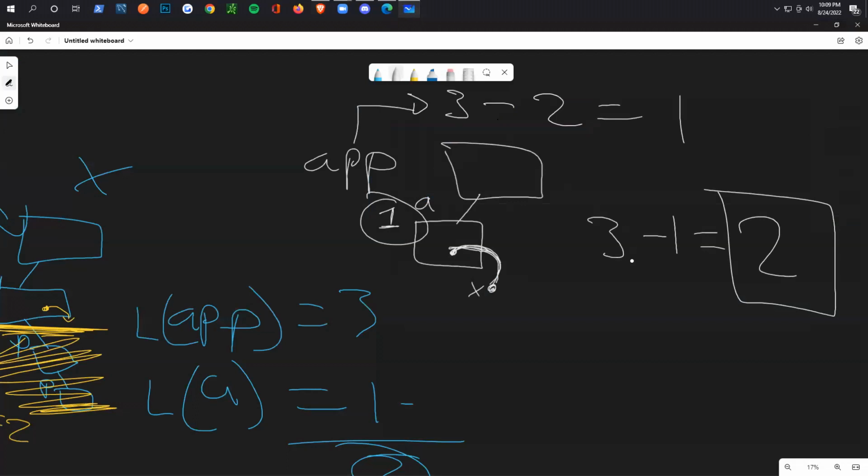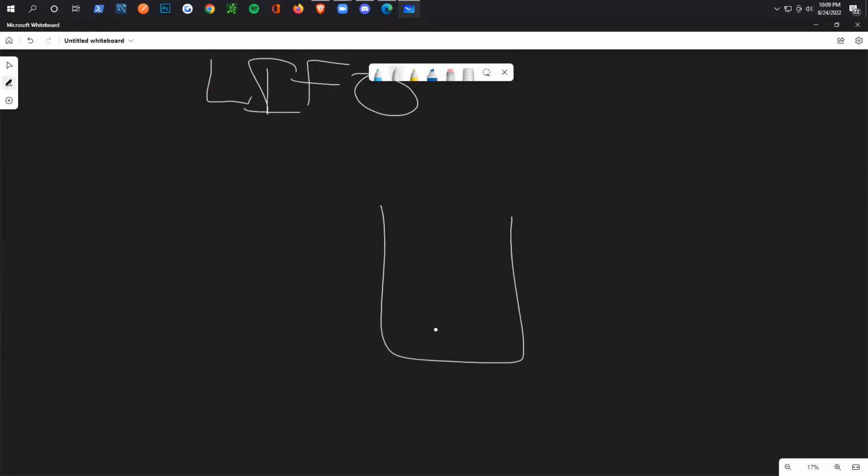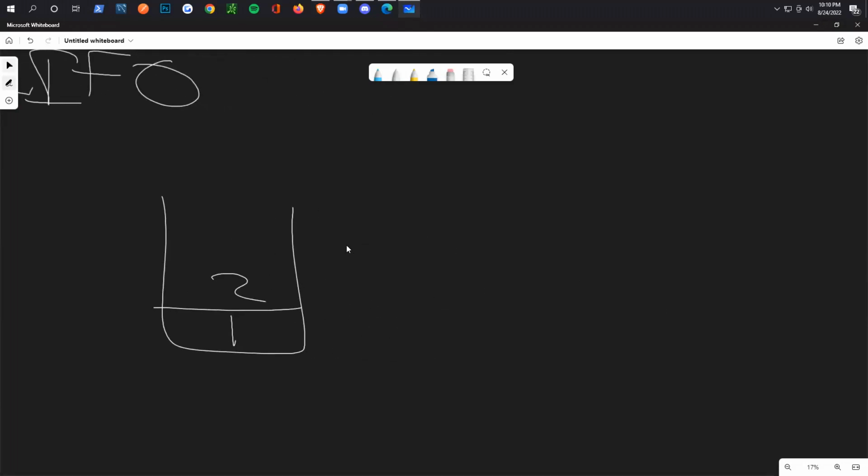Okay, so let's just draw this out. Remember, stack, LIFO, last in, first out. So as we add stuff in, the last thing in will be out first. So for example, if we add in 1 and then 2, 2 comes out first, then 1, etc. So if we want to reverse a stack, let's think about what we have to do. Reverse a stack and put it into another stack.